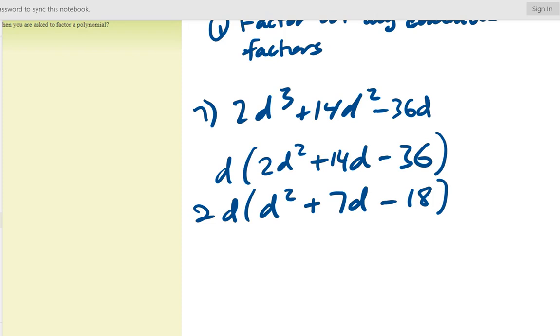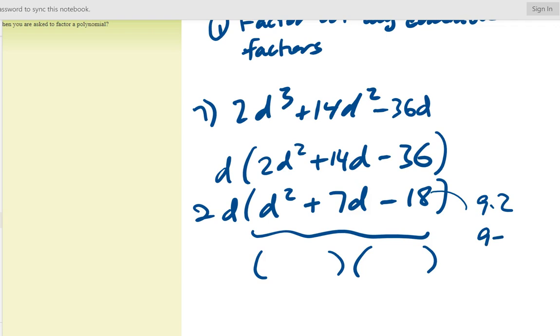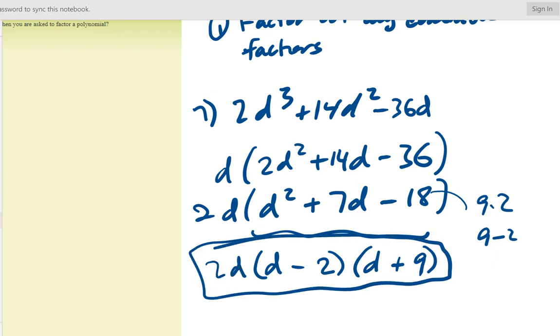Now the second parenthesis could be factorable into two parentheses like this, and it turns out it can, because 18 is 9 times 2, and 9 minus 2 is 7. So there's going to be a d here, a d here, a 9 and a 2, and the 9 would have to be positive and the 2 negative for this to work out. So we get 2d, don't forget that, times d minus 2 times d plus 9. And that's the answer to that.